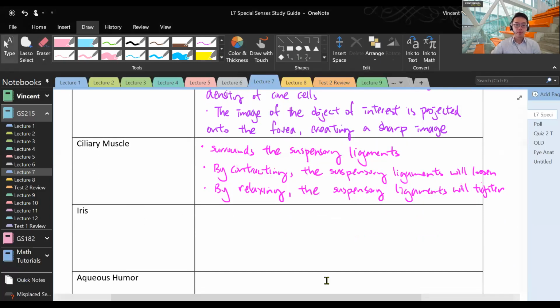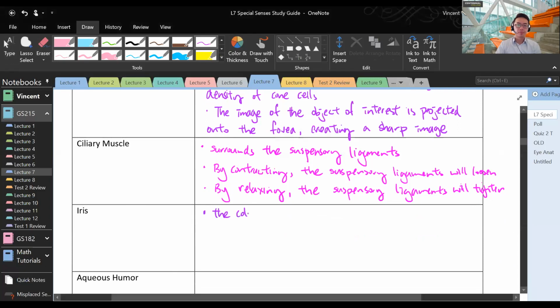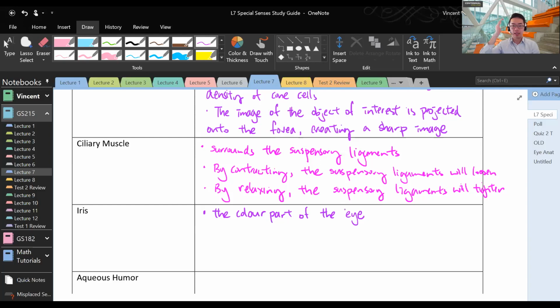Iris. What is the iris? The iris is the color part of the eye. The pigment that gives the color to the iris is the same pigment that determines our skin color, skin tone, as well as hair color, for example.